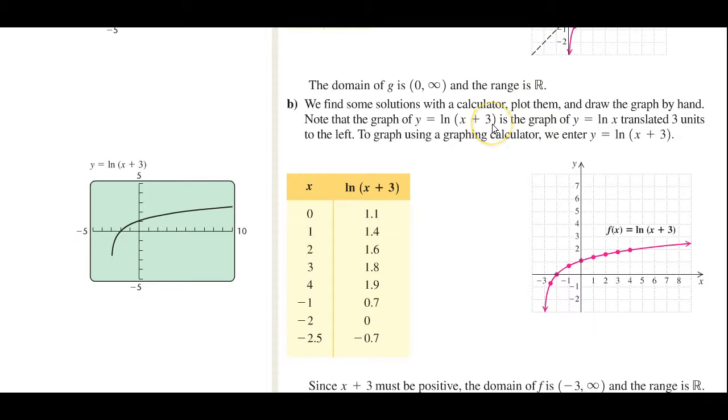This is going to translate 3 units over to the left. A plus 3 is a negative 3 units. Again, it never quite reaches the negative 3. And our graph looks like this.